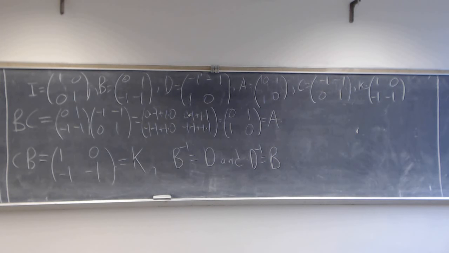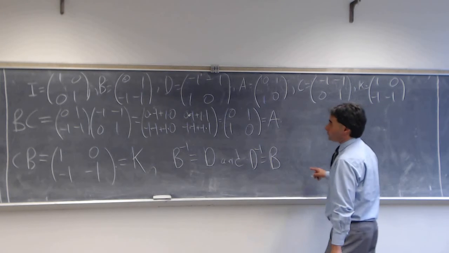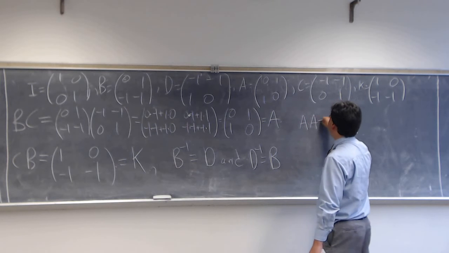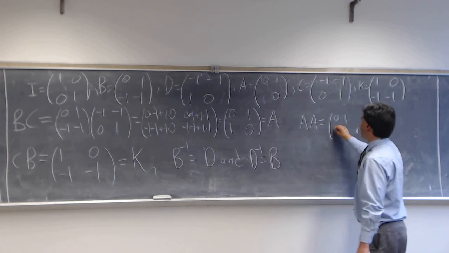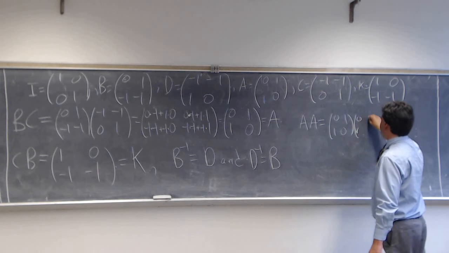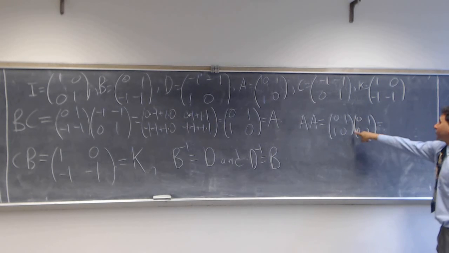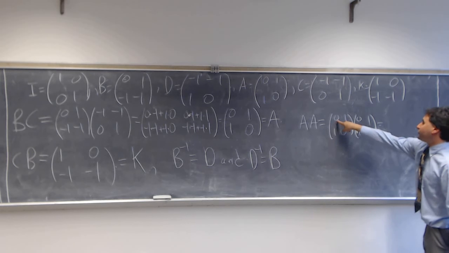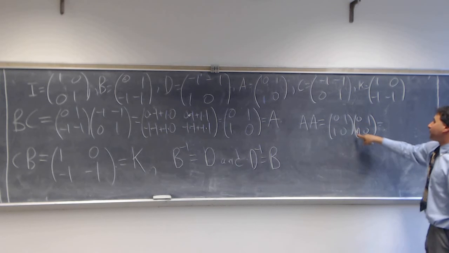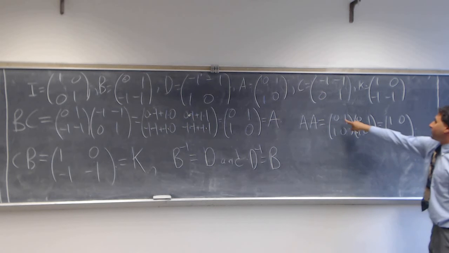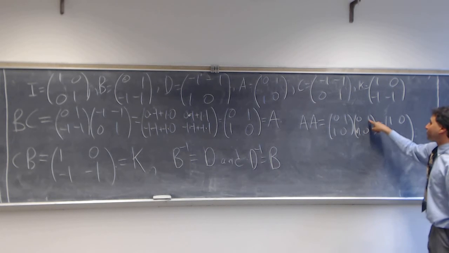What about the inverse of A? Well, let's just do A times A. So this 0, 1 will have the effect of picking up, when it's on the left, the top row of 0, 1 of a matrix on the left picks off the bottom row here and makes it the top row. So again, 0 times 0, 1 times 1 is 1, 0 times 0, 0 times 1 is 0.